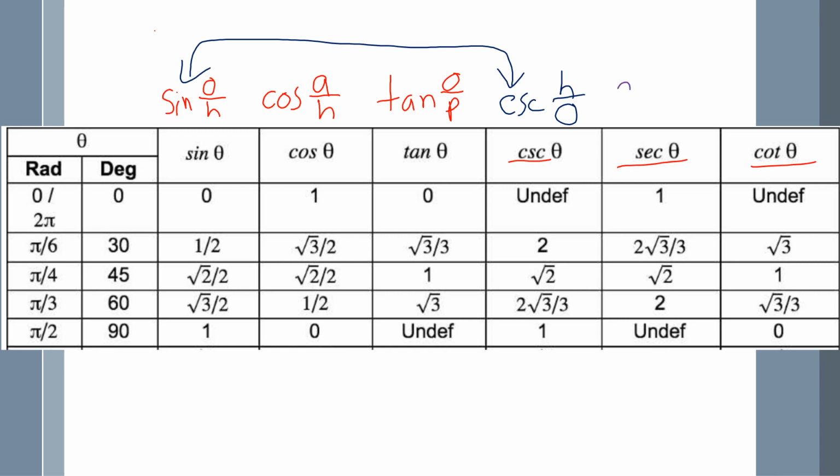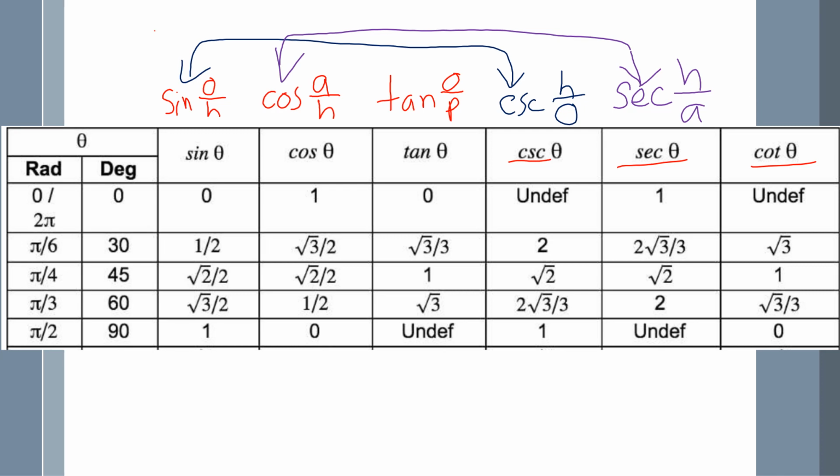Secant is the inverse of cosine. And so that's going to be hypotenuse over adjacent. And cotangent, let me use a different color. How about that? I'm going to use black on this one. Let me erase all that because that's a little hard to see.